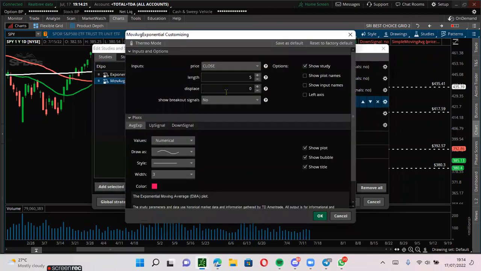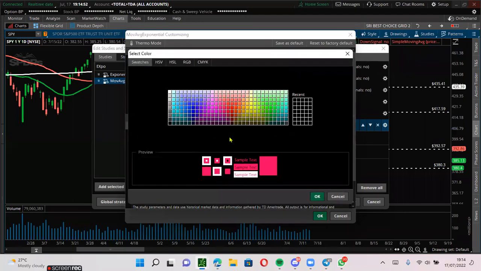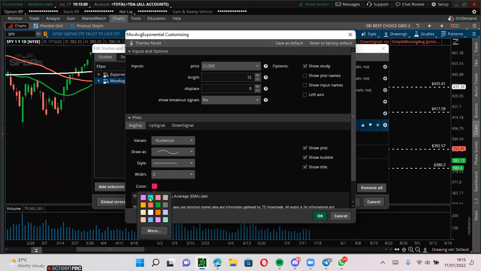I had my standard 5 exponential moving average, and 9 is another exponential moving average, which you all know, which I usually follow, and 12 I'll start with. I'll keep it this blue color maybe.